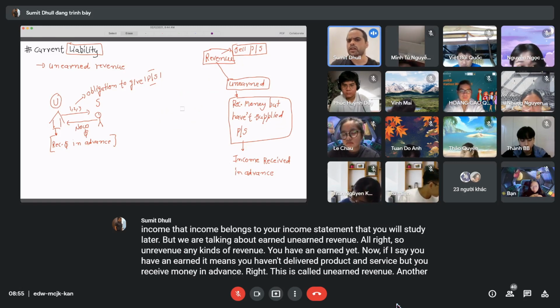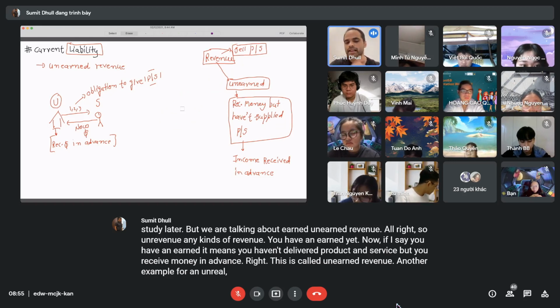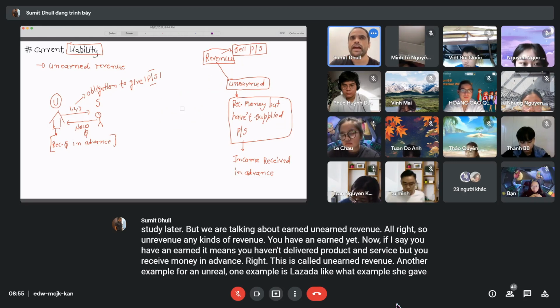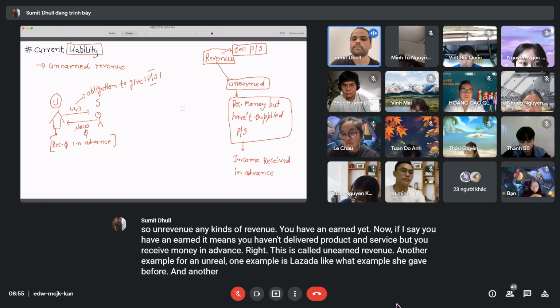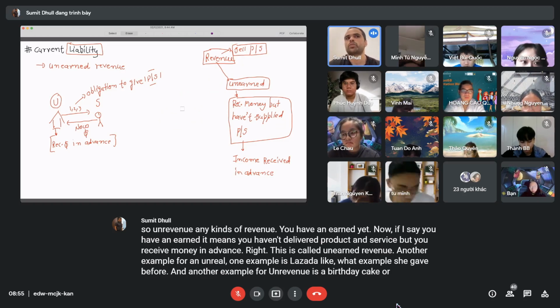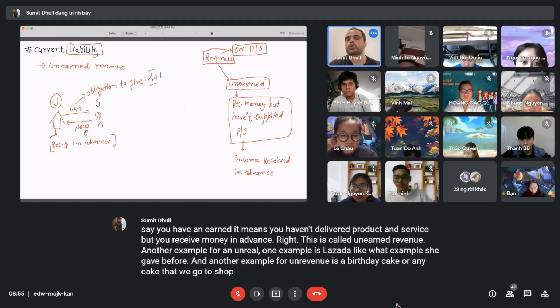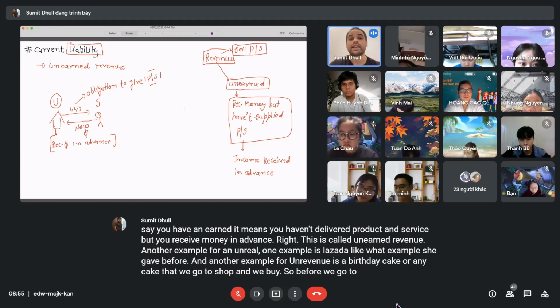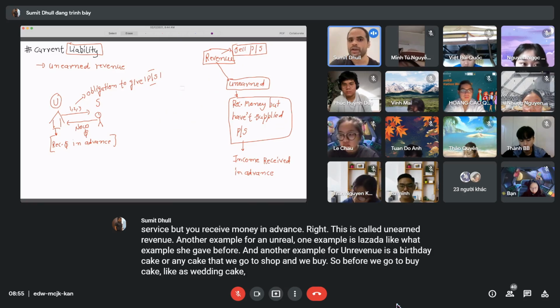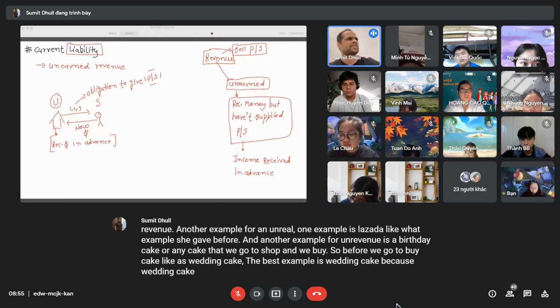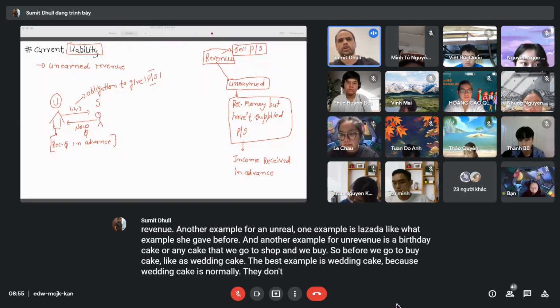Another example is Lazada, like the example she gave before. And another example is a birthday cake or any cake that we go to a shop and buy. The best example is a wedding cake, because wedding cake is normally not made and kept in the shop.